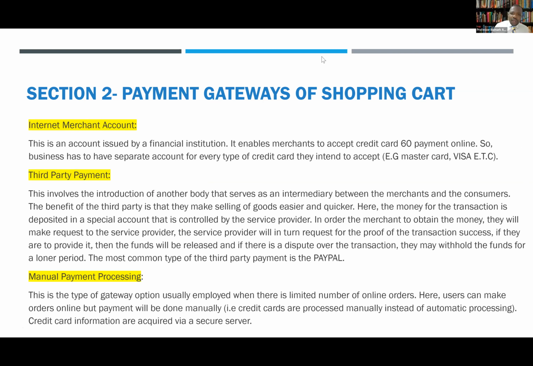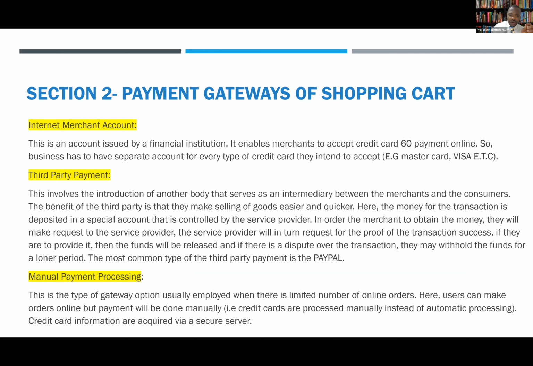And then we also have what we call internet merchant accounts. So the internet merchant accounts provides that information. This is an account issued by a financial institution. It enables merchants to accept credit card payment online. So these are what we call the internet merchants.